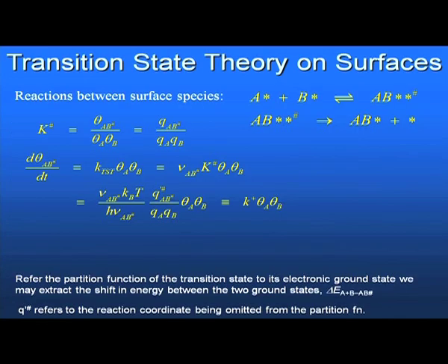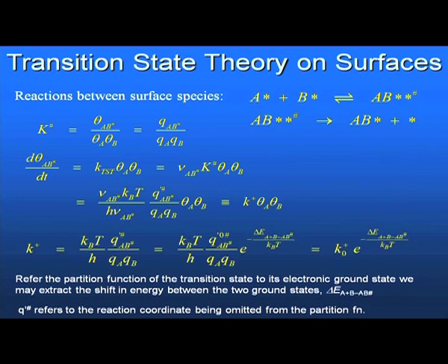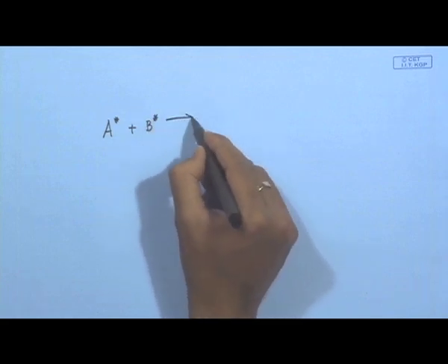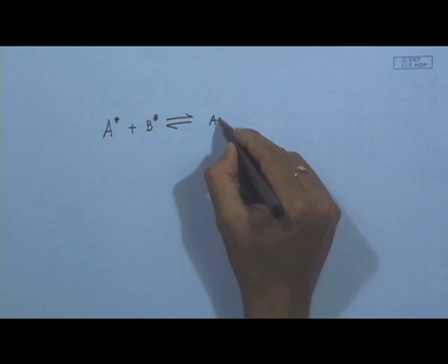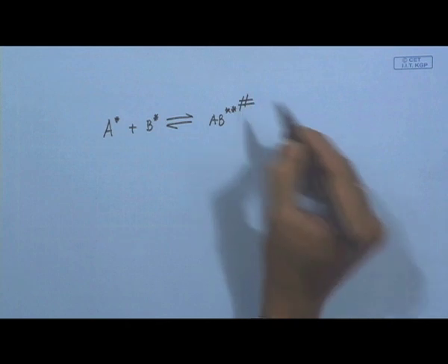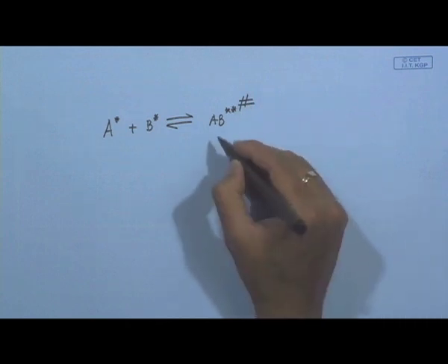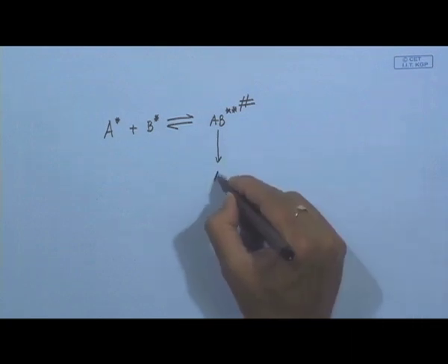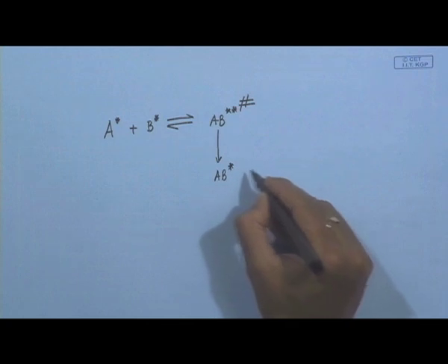Schematically it is basically A star plus B star. These two are adsorbed onto the surface, that is why it is A star plus B star, giving rise to AB, both adsorbed, and hat. Then this will undergo reaction to give you AB star plus star.